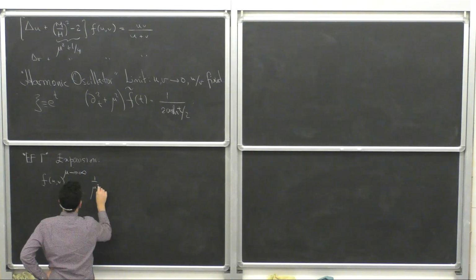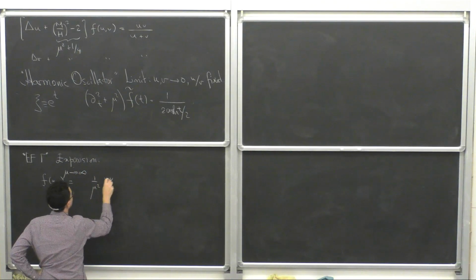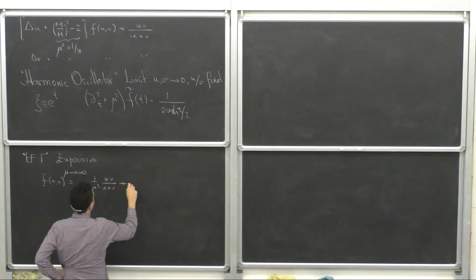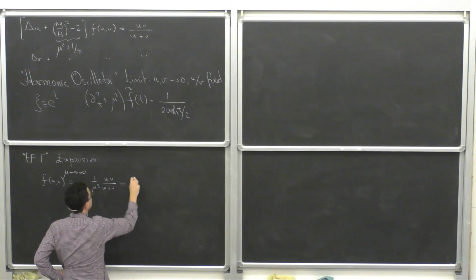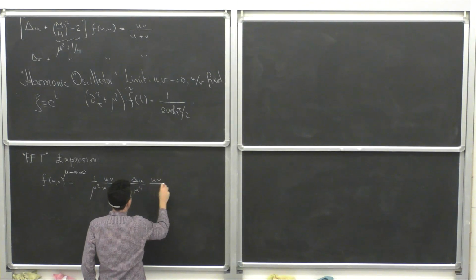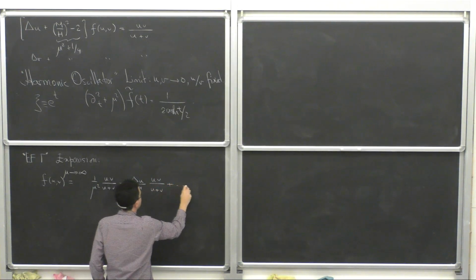You write it as 1 over mu squared uv over u plus v plus maybe minus delta u over mu to the fourth uv over u plus v plus and so on.